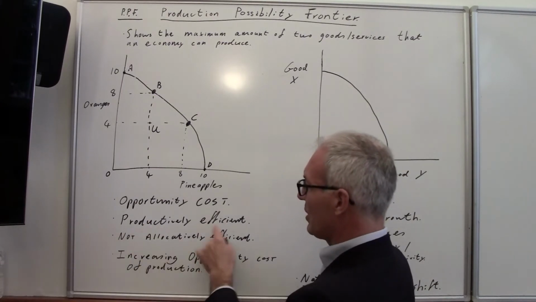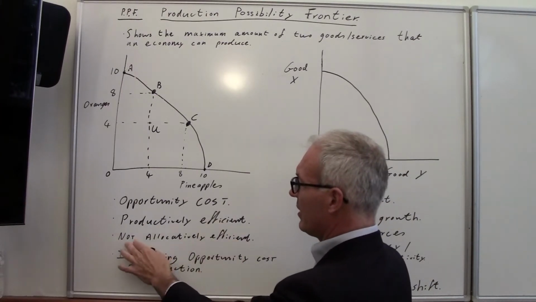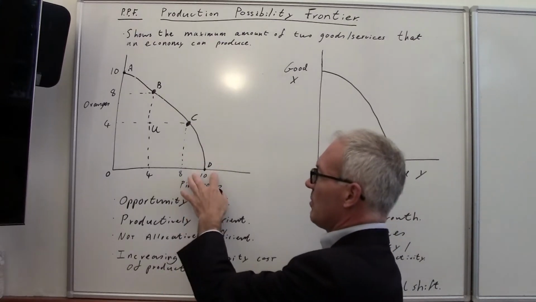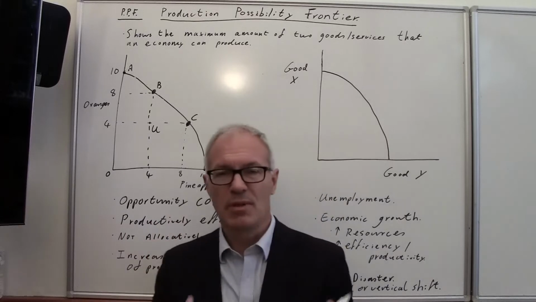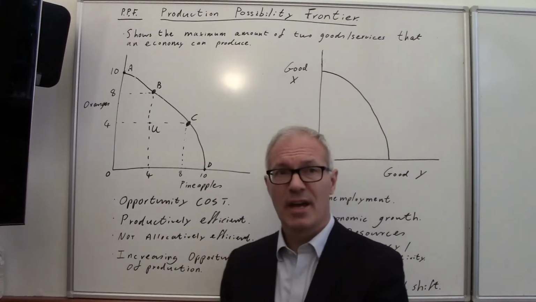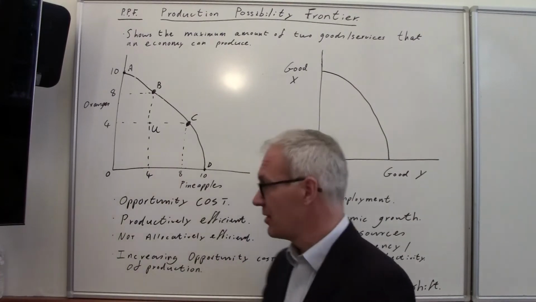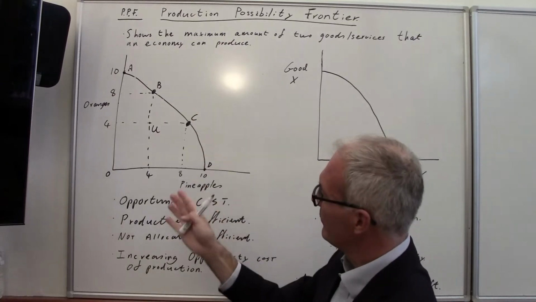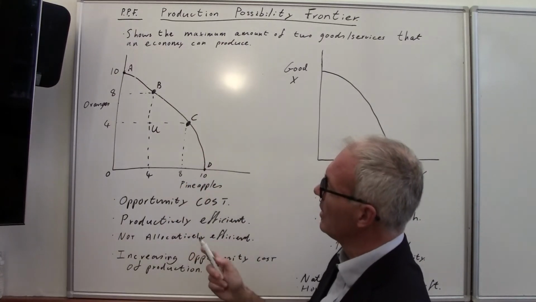So we wouldn't be productively efficient at that point. And the line doesn't show allocative efficiency, because if we just produce pineapples, that will maybe upset people who like oranges, and therefore we're not meeting their tastes and preferences. So that's a micro approach.